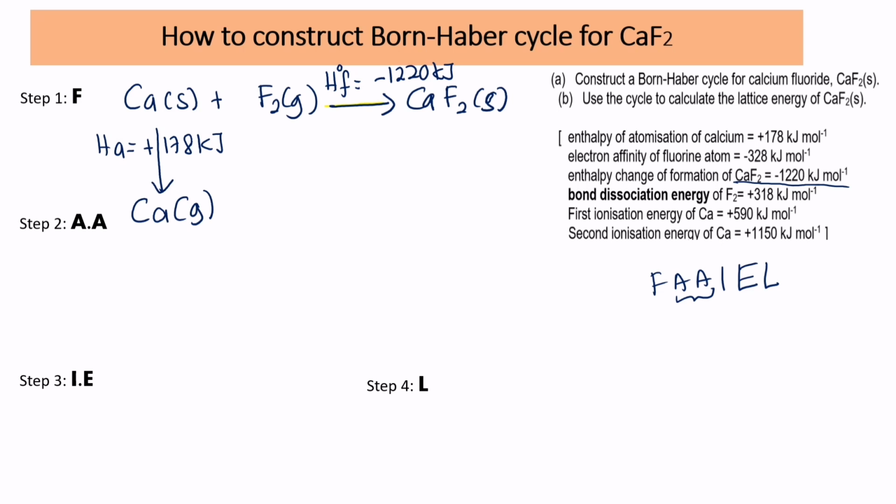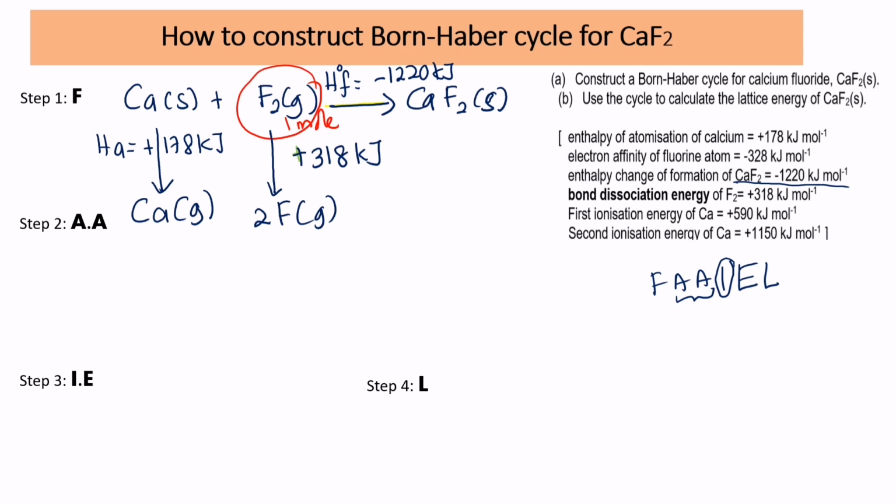Bond dissociation refers to 1 mole of F2. So bond dissociation means F2 forms 2F gas. The value of the bond dissociation energy is equal to positive 318 kilojoules.